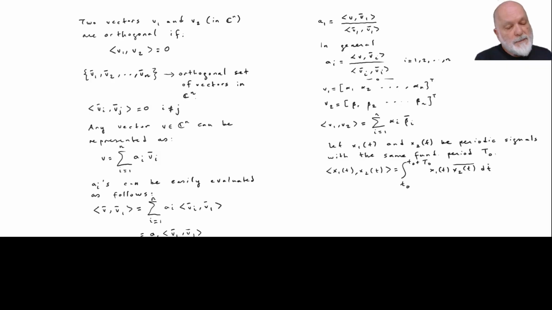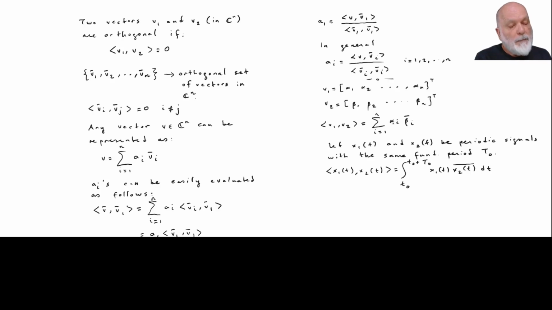Now, just try to notice the analogy between these two inner product expressions. For vectors in Cn, we have only n components. For example, for v1, we have alpha 1, alpha 2, up to alpha n, and for v2, beta 1, beta 2, up to beta n.